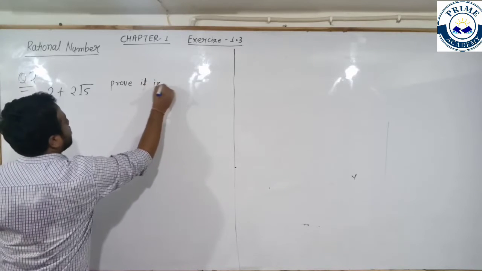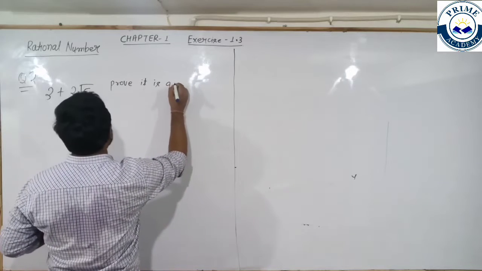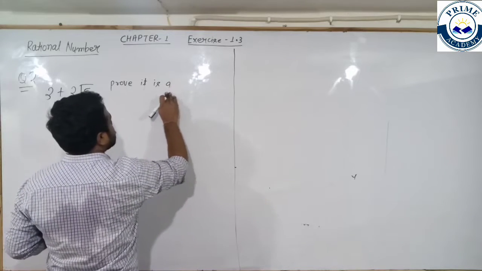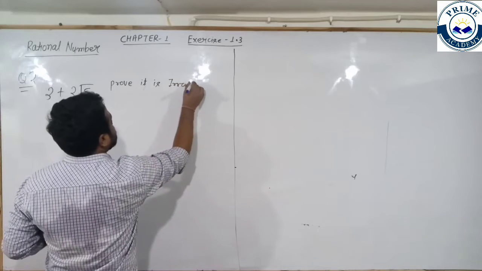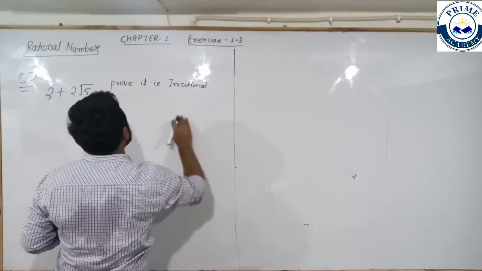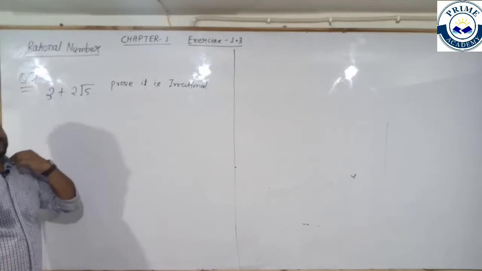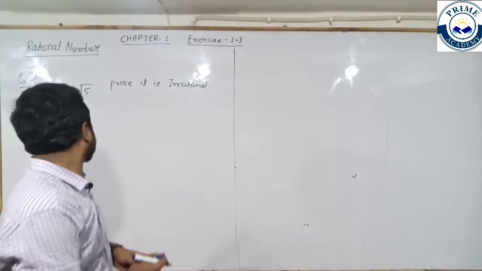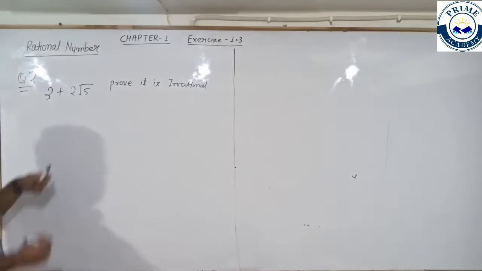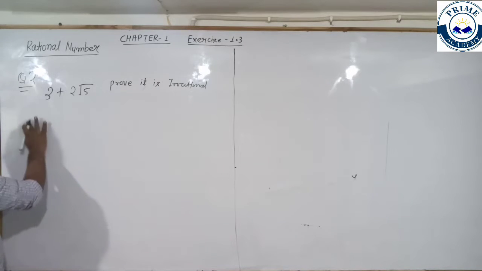Next: prove that 3 plus 2 root 5 is irrational. We have to prove whether this is an irrational or rational number, right? So let's write what is given. I am going to solve this.